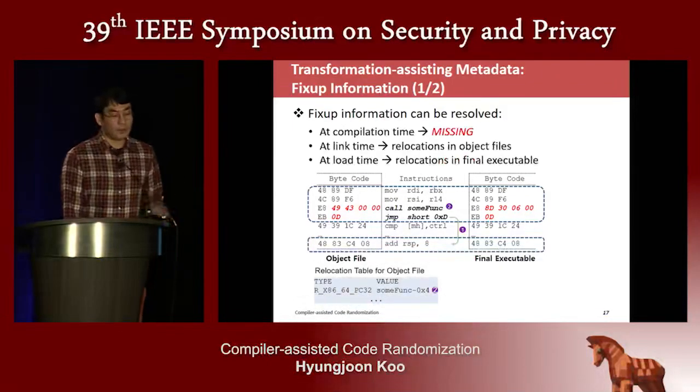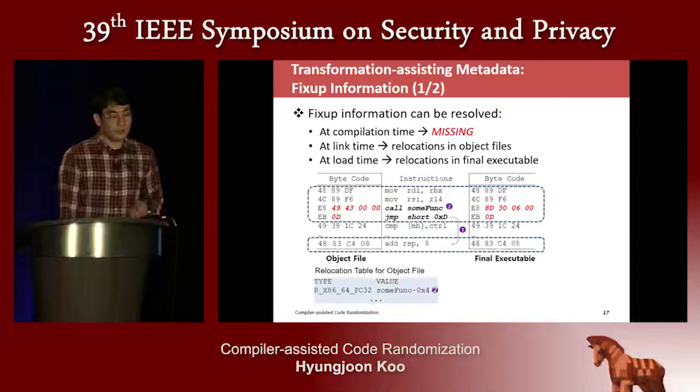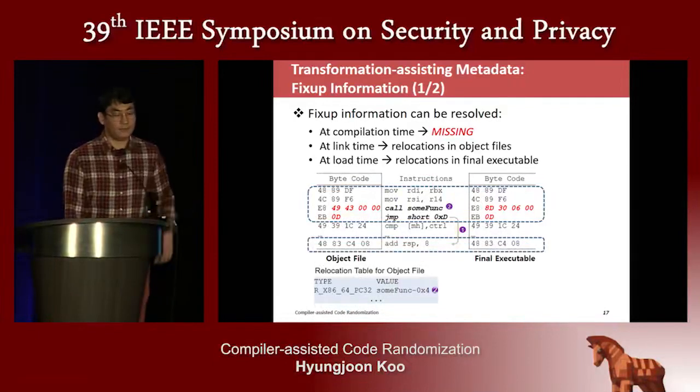So there are 3 different kinds of fix-ups we have. They could be resolved at compilation time, link time, and load time. If you see the fix-ups at either link time or load time, you might find the relocations in the relocation table, but most of the fix-ups that were resolved at compilation time are missing.